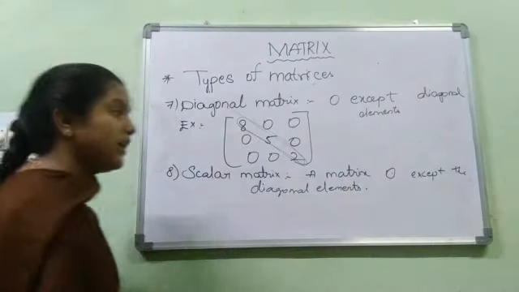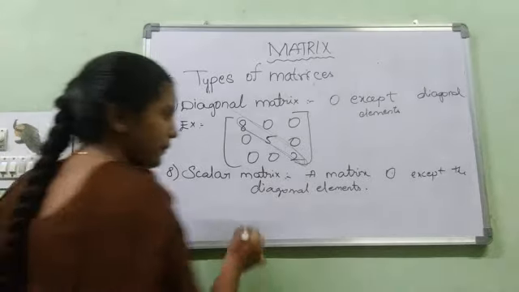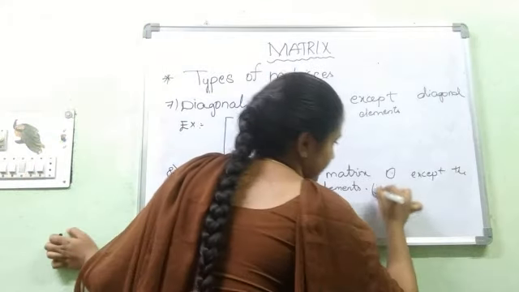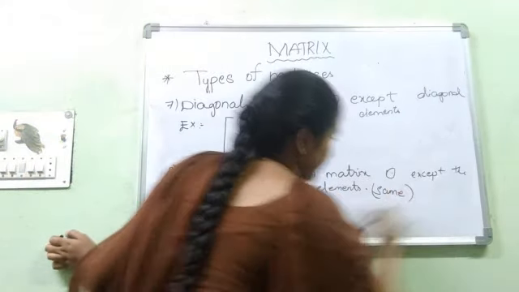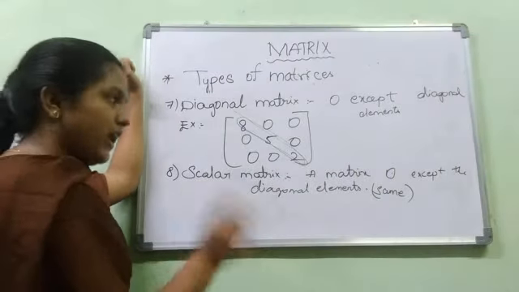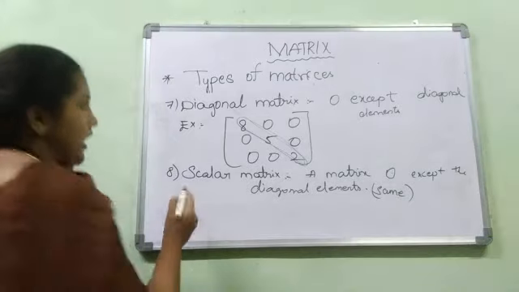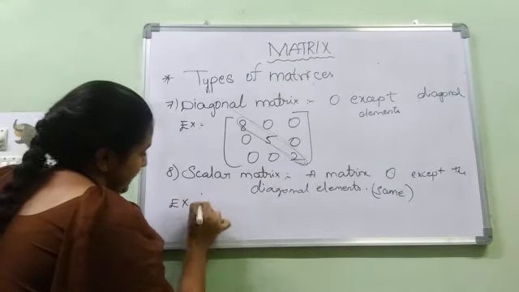Okay, but here one of the properties, the diagonal elements should be same. I'm mentioning here same. A matrix which contains zeros except the diagonal elements where the diagonal elements are equal. I'll show you an example.